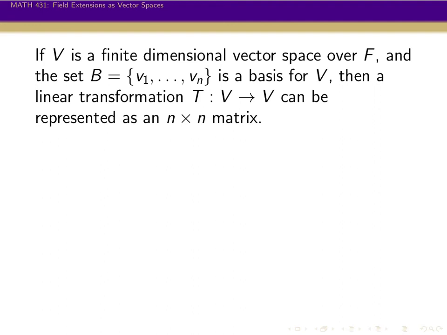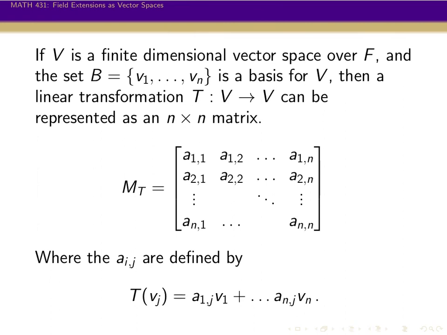And this is one of the main reasons why in linear algebra you do so much work on matrices. And so the idea is the matrix, which I'm going to call M sub T, has these entries. All of these Aij are in the field. And how do you know what A sub ij is?